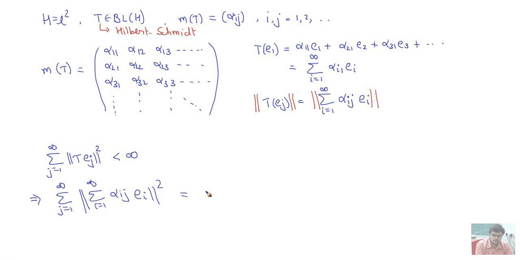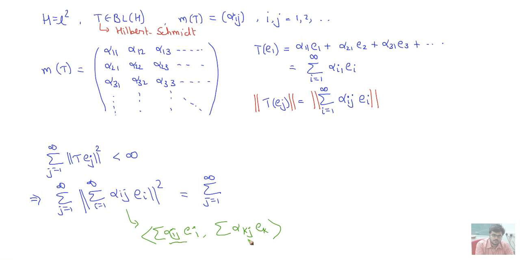So this is the summation j equals 1 to infinity. Now, what we do is expand this in terms of the inner product. The norm squared is the inner product of the summation of alpha_ij e_i with itself. So, instead of i, let us take alpha_kj and then e_k, and then we take this inner product.